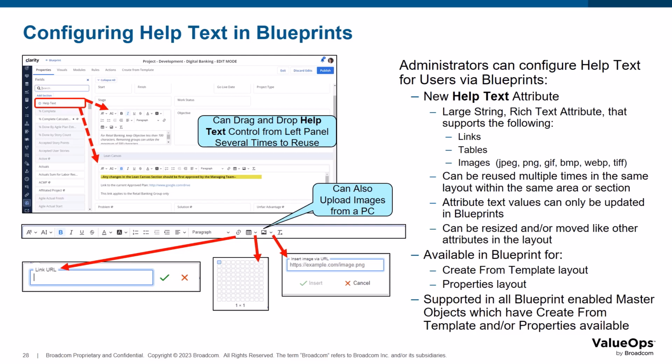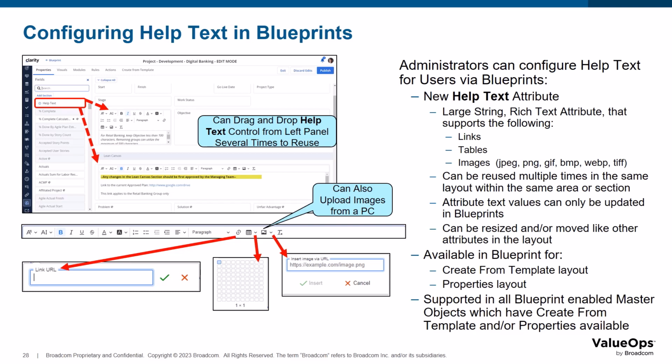So you could drag and drop help text more than once in your blueprint, as many times as you need in your layout, and you can reuse the control. And you can see that I have two examples of it. I have one near the stage attribute, and I have another instance of it right at the beginning of the Lean Canvas section on the property screen.